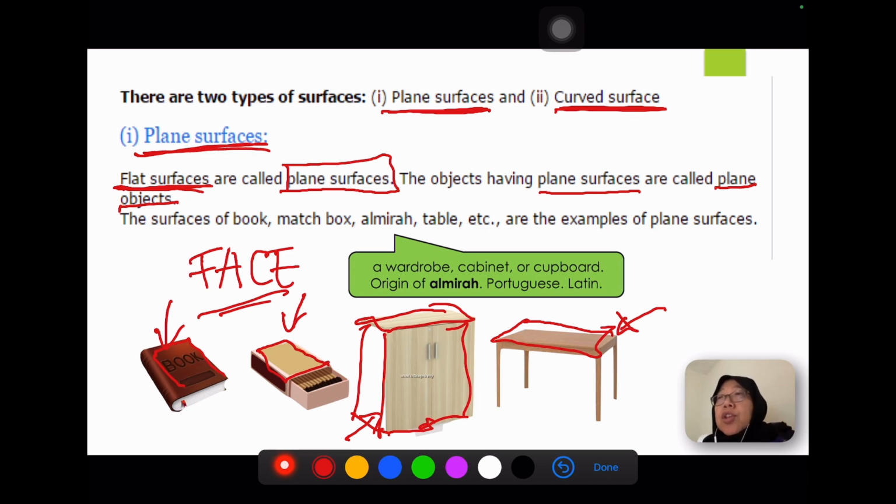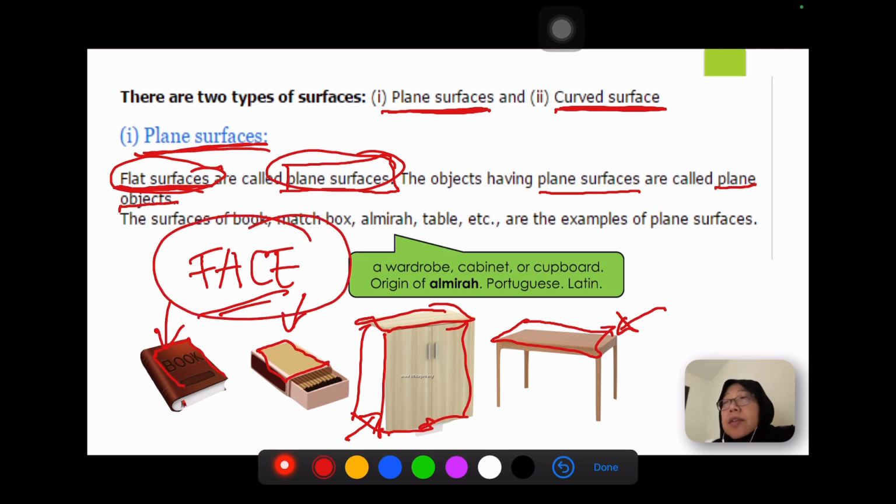But in geometry, we call flat or plane surfaces a face, with no eyes, no nose, no ears, no mouth, no cheeks.